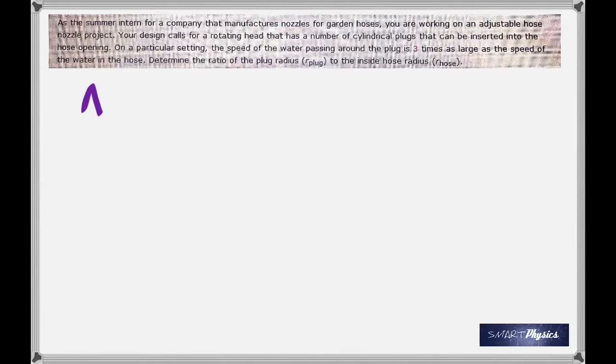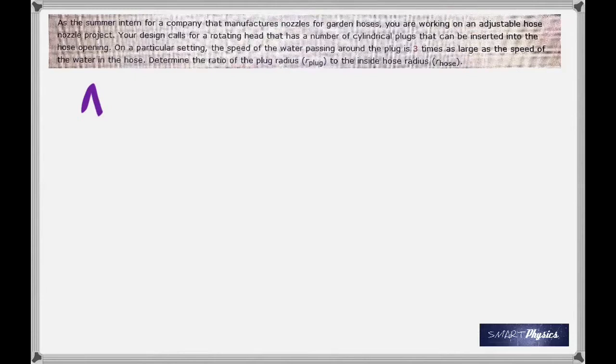On a particular setting, the speed of the water passing around the plug, so that means water does not pass through the plug, it passes around the plug, is 3 times as large as the speed of the water in the hose. Determine the ratio of the plug radius to the inside of the hose radius.